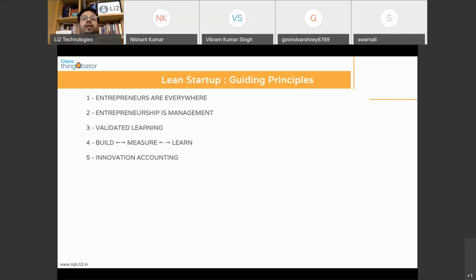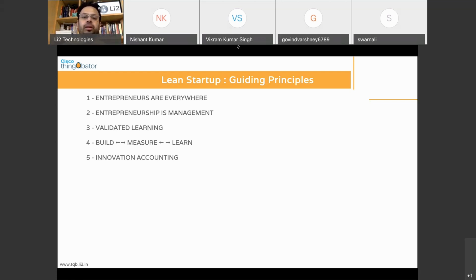And how do we get validated learning? We go into the market, validate your hypothesis, not validate your product or the solution. It's the hypothesis. Whatever you have assumed, we need to go and be very clear. And how do you validate that? By building, measuring, and learning. So this is very important.